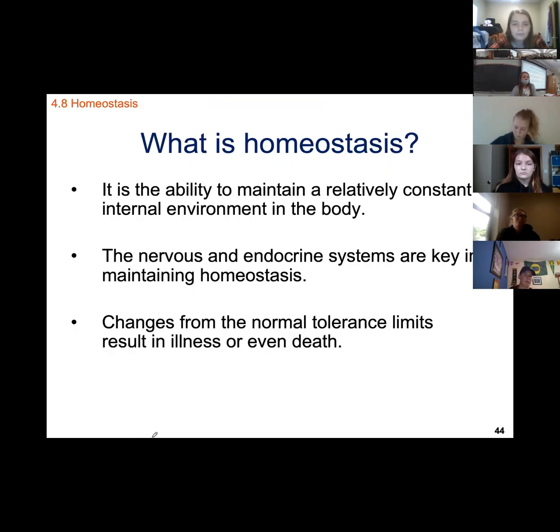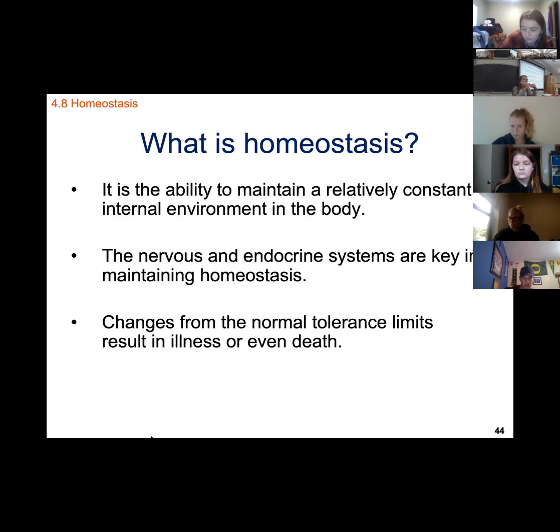So what is homeostasis? We've kind of mentioned this word a couple times. The way I remember the word homeostasis, for me personally, is when I go home, I just feel myself, right? So homeostasis is when your body's in the most stable condition. It's the ability to maintain a relatively constant internal environment in the body.